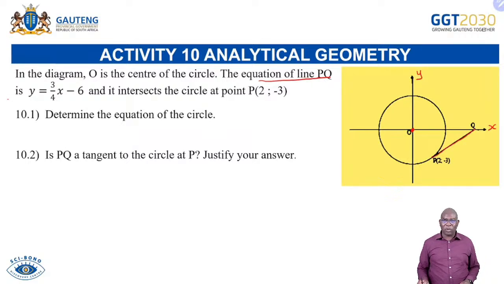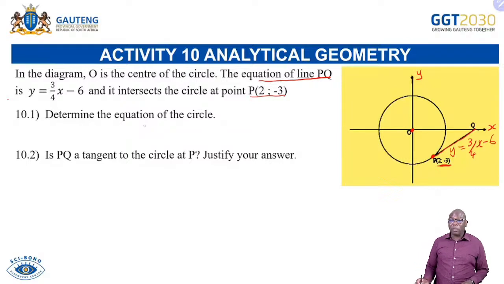It cannot be a tangent if you're not told, unless you have to justify your answer saying that it is a tangent. That equation is given as y equals 3 over 4 x, which is the gradient, minus 6. It says it intersects the circle at the point 2 and minus 3.